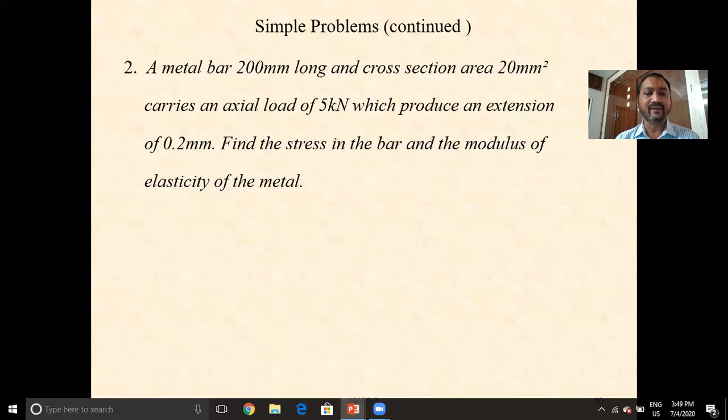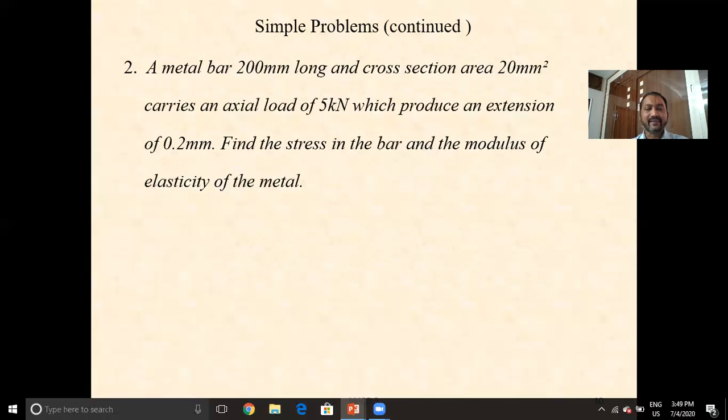Find the stress in the bar and the modulus of elasticity of the material.